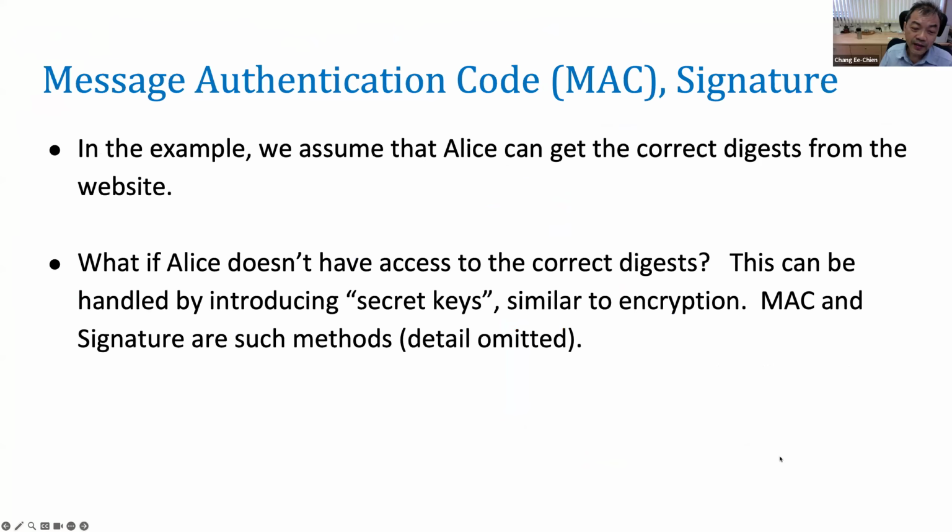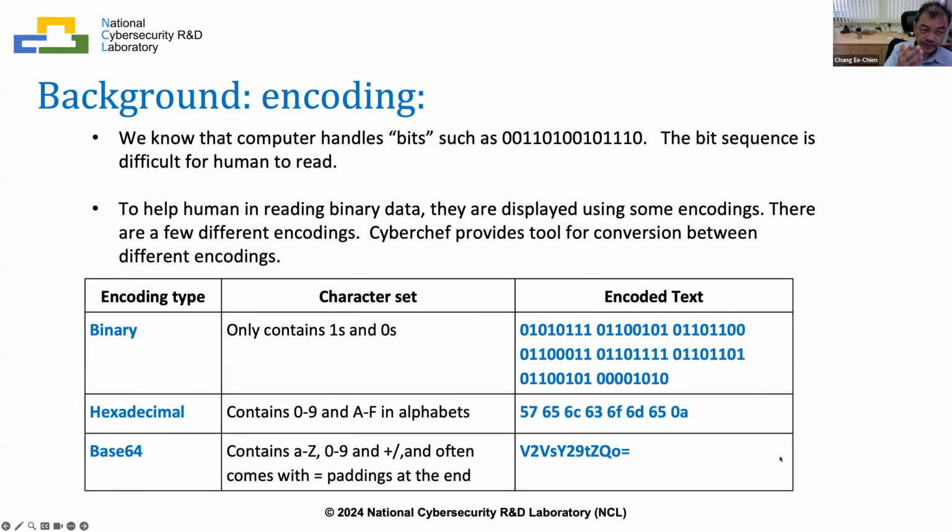So the reason is that we know computers handle binary sequences of bits, and every bit is either 1 or 0, right? It corresponds to the circuit being on or off. However, if we write it down as 0s and 1s, it is very difficult for humans to read, right?